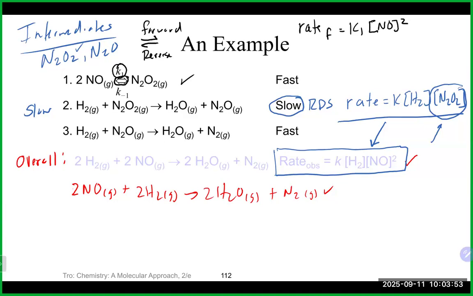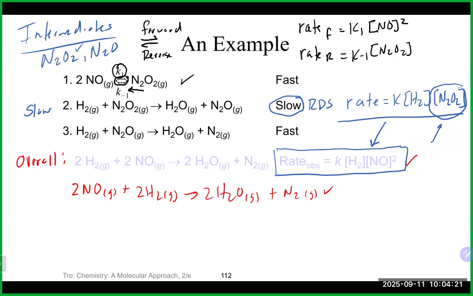We could also write a rate law for the reverse direction, which is heading in this direction, and it would equal K to the minus 1 times N2O2. Now, one of the things we'll talk about in the next chapter, which is really what equilibrium means, is that when this reaches equilibrium, the rate of the forward direction and the rate of the reverse direction will equal each other.